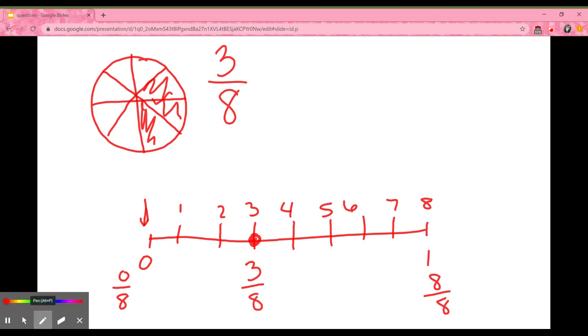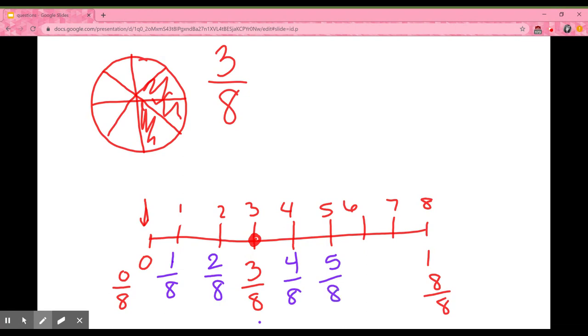So if I were to label all these, and I'll do it in a different color so you can see it better, the first one would be 1/8, we have 2/8, 3/8, 4/8, 5/8, 6/8, 7/8, and 8/8. So it's basically the same thing, 3/8 of the pizza and then 3/8 of the number line. You just make sure that you have it broken into equal pieces, because remember that's a big part of fractions. The pieces have to be equal or it does not work.